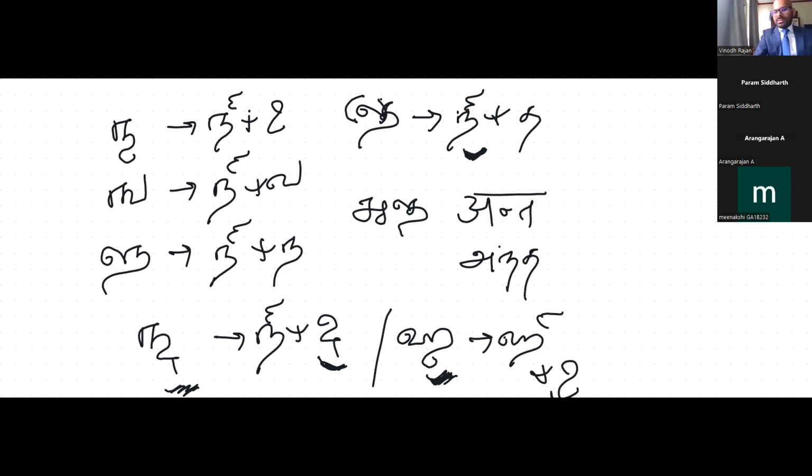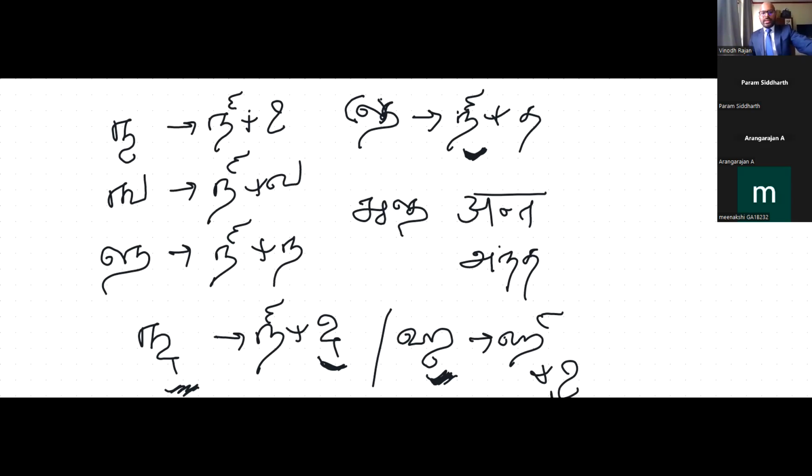Same way, you can see this is basically the, and this part comes from the. Like I said, the site Granthavarman has the whole list of the cursive forms, and you can practice it.